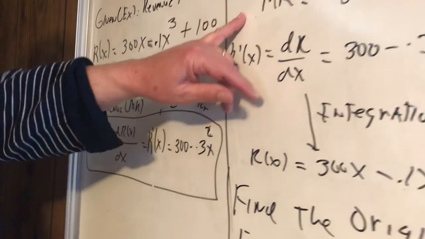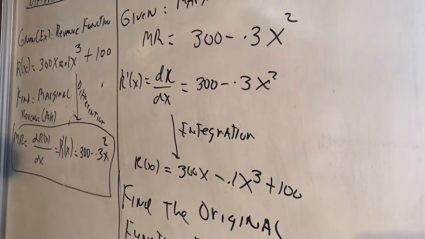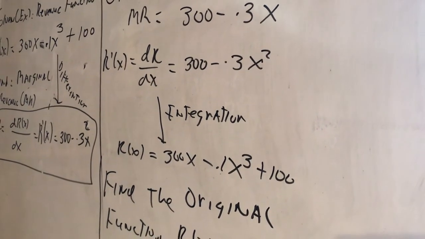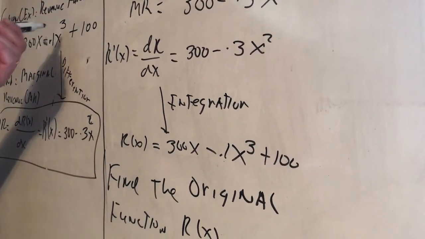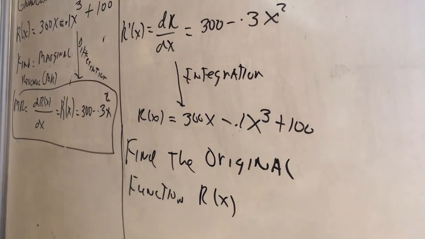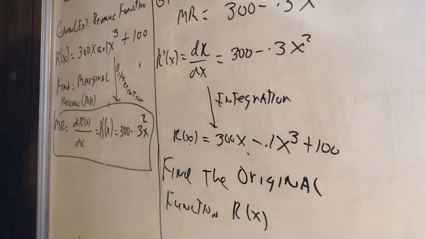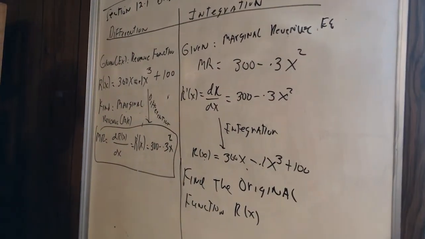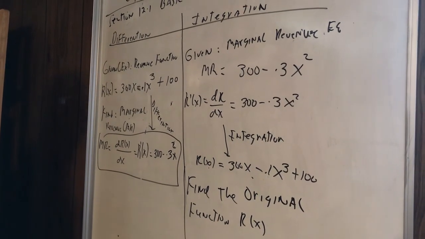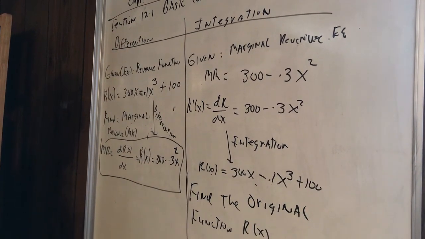Now somehow we're given the first derivative, and we want to step backwards to get the revenue function, which really models how the firm operates in terms of producing and sales. So the first step we're going to do is the definite integral and the indefinite integral. That's what 12.1 is.